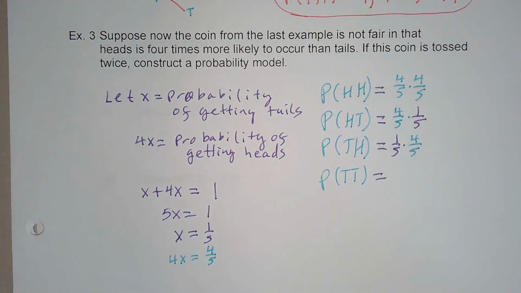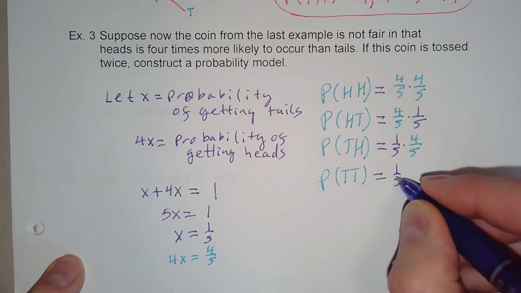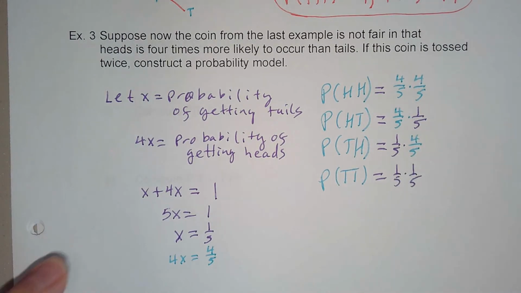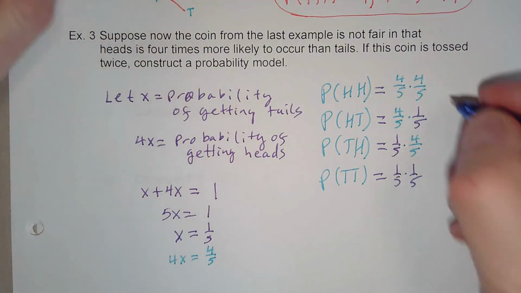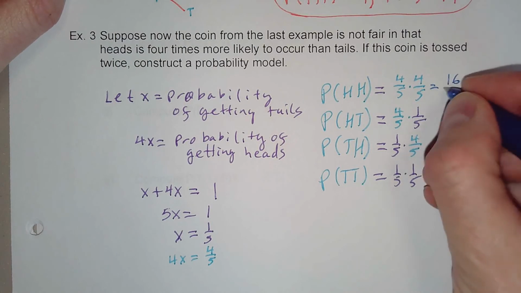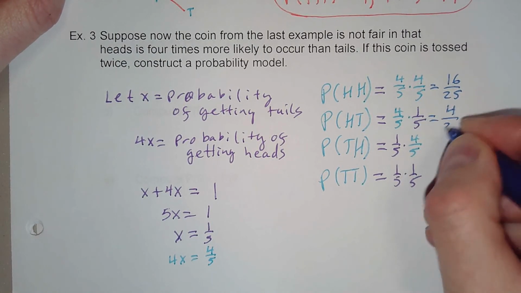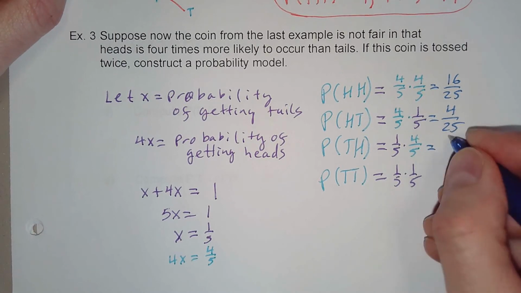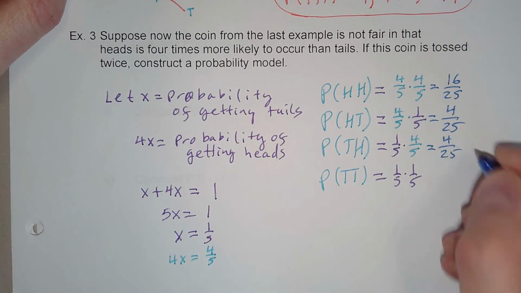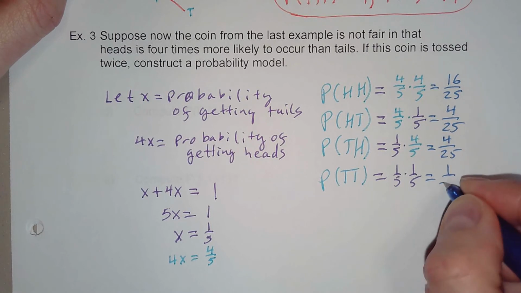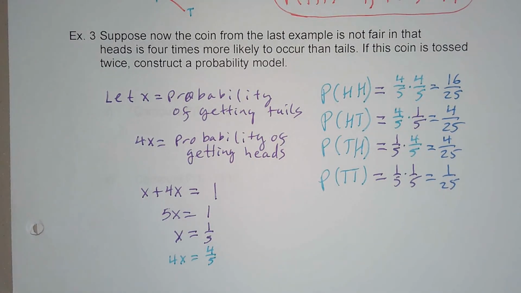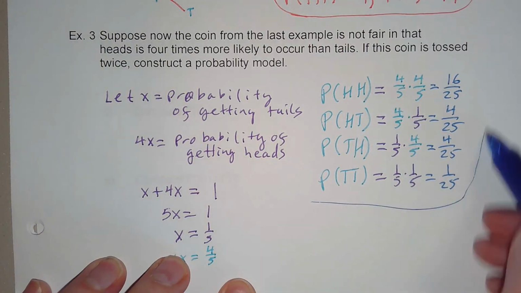And then getting two tails would be 1/5 times 1/5. So if we multiply these out, this would give us 16 over 25. This would be 4 over 25. This would be 4 over 25. And then this would be 1 over 25. So that would be our probability model.